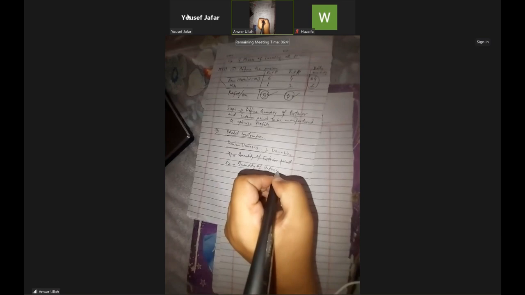You can define them as x1 and x2. x1 will represent the quantity of exterior paint, and x2 will represent the quantity of interior paint.